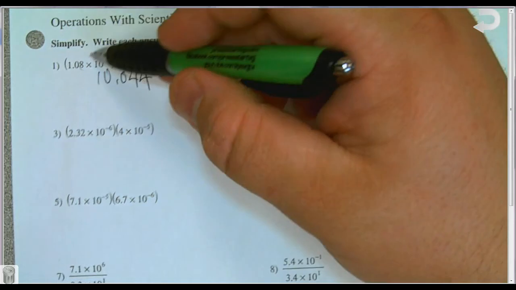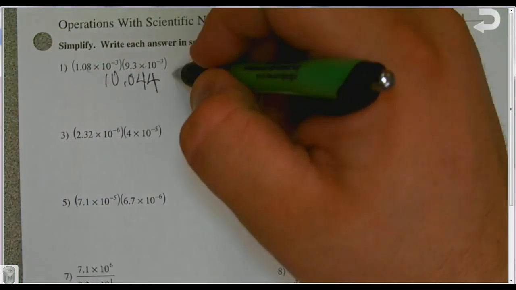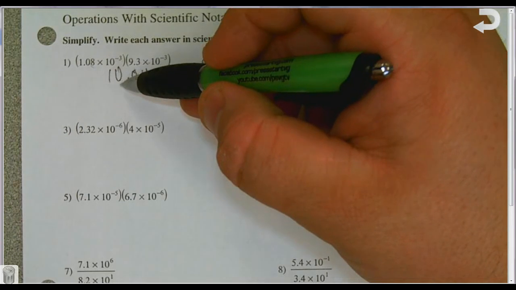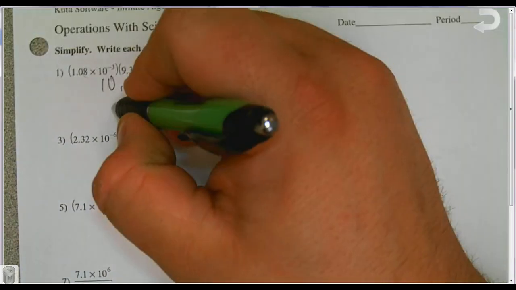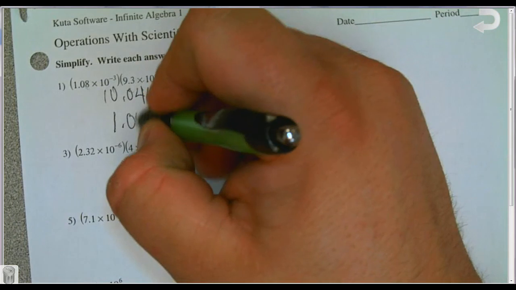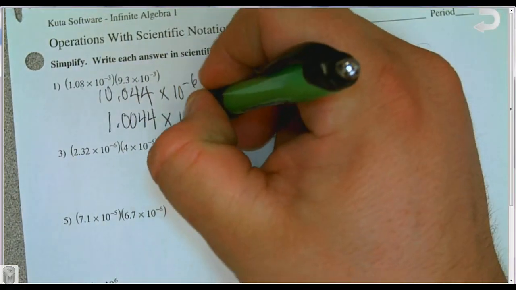And then when we multiply, in the past you've been told you just add whatever exponents you have here, times 10 to the negative sixth. Now, the problem is this first number has to be between 1 and 10. So I'm going to have to rewrite this problem as 1.0044 times 10.